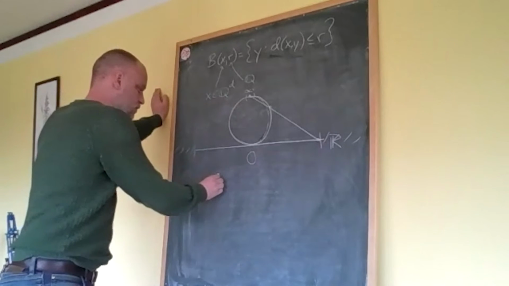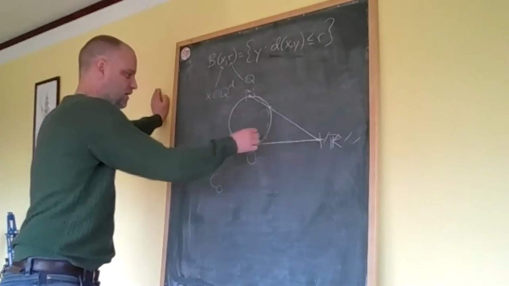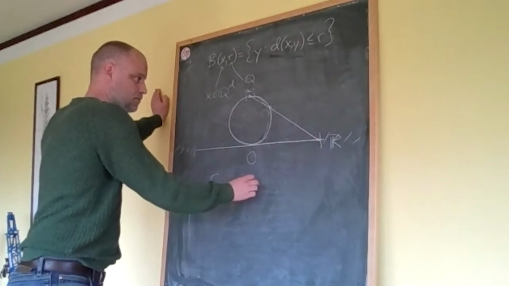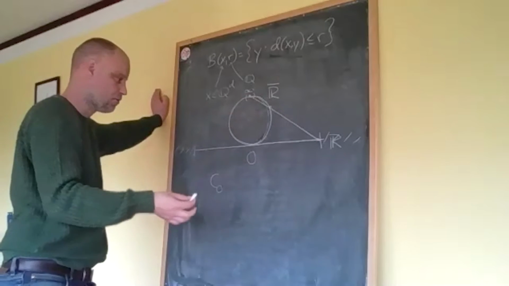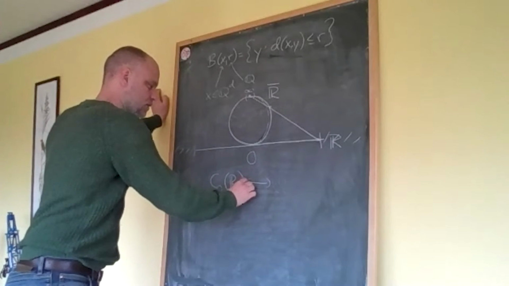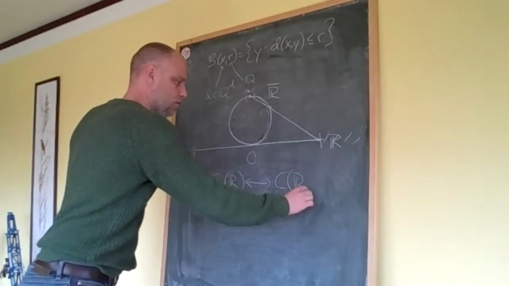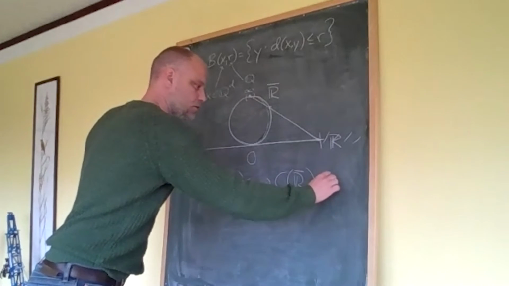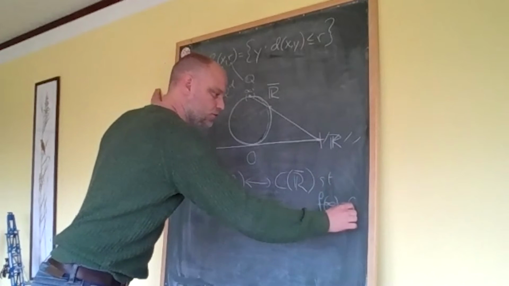Okay, so now if you think of a space like C0, these are functions that go to 0 as the variable goes to infinity. So this we're going to call R with a dash on top, the one-point compactification. So then C0 of R becomes the same as C of R dash with the restriction that f at infinity is equal to 0.